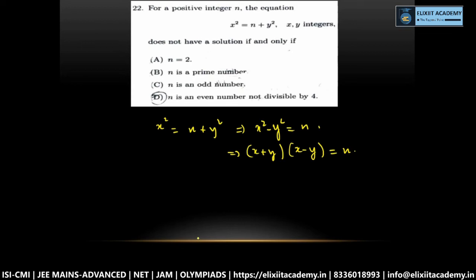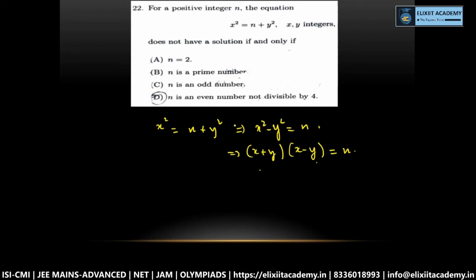Now this is a question of same parity, right? They can be both even or both odd, this x plus y or x minus y. Either they can be both even or they can be both odd, right? And for this option, let's see for this one, n is an even number not divisible by 4.